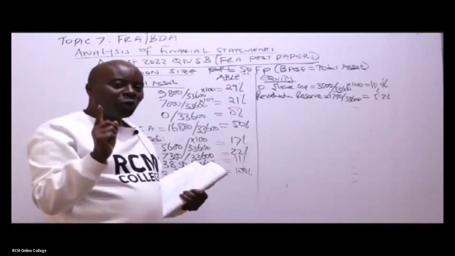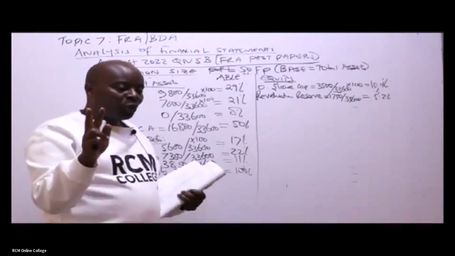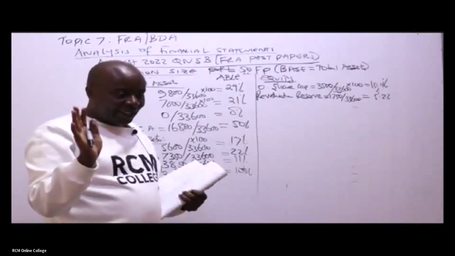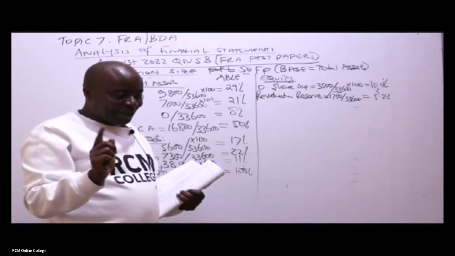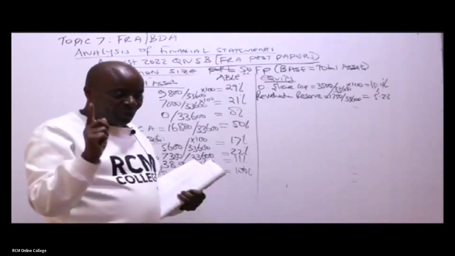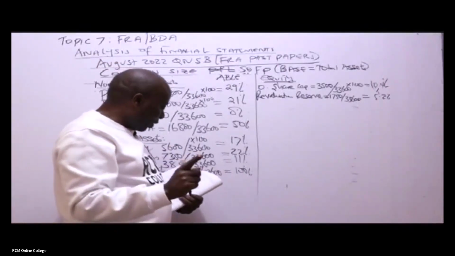But in an exam, please don't make that mistake. In an exam, you shall round off to, at the very least, 2 decimal places. I think that is clear, isn't it? You must round off to some decimal places because of accuracy.